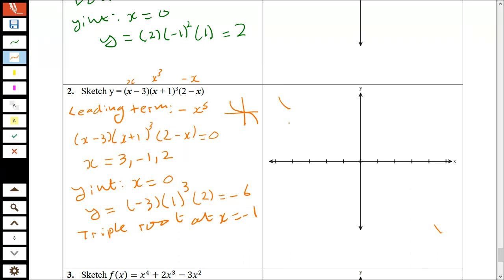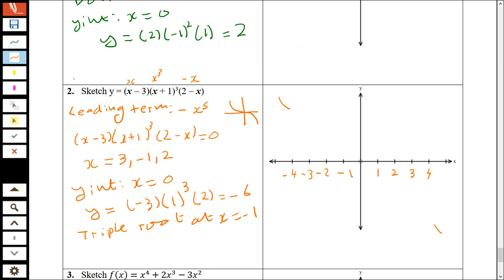All right, so let's put some numbers on the number plane. Let's have a look. Okay, so 1 here, 2, 3, 4, minus 1, minus 2, minus 3, minus 4.